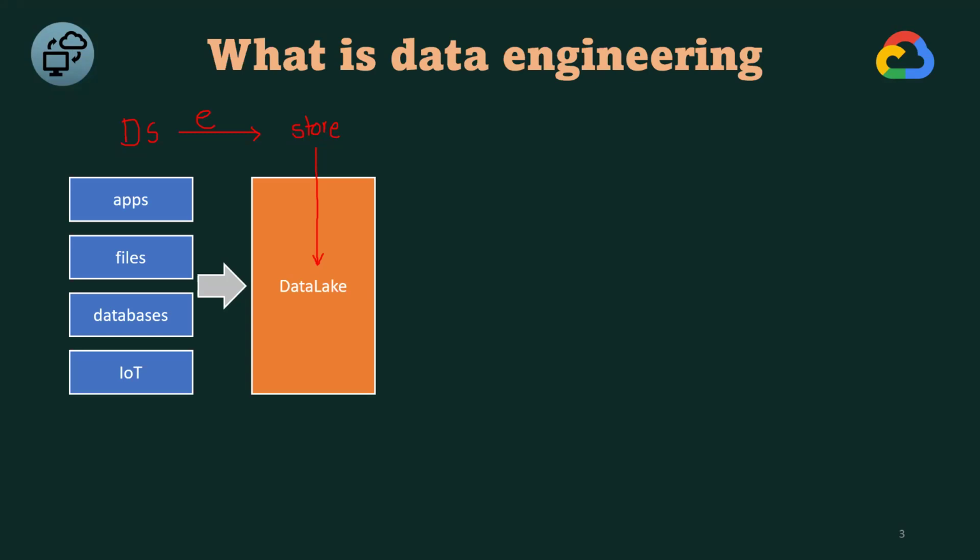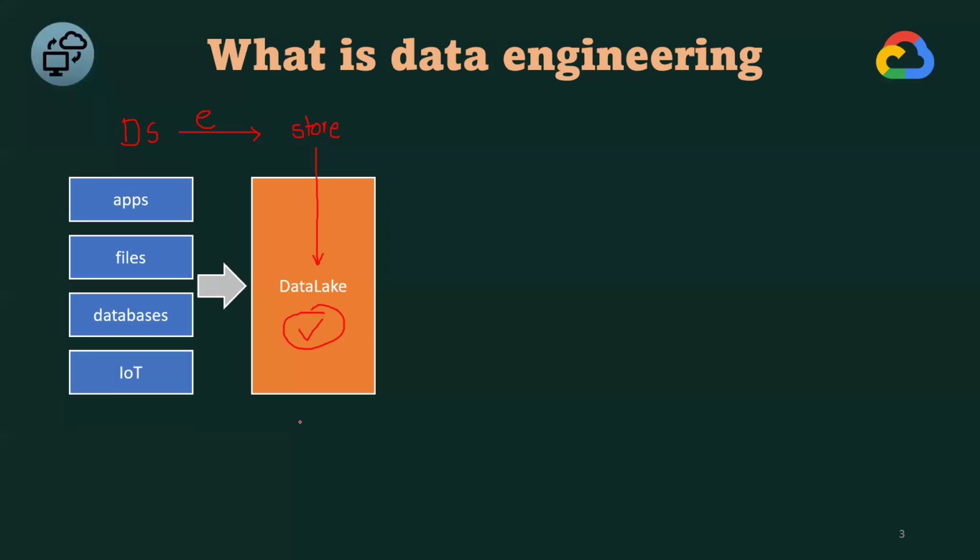Now tell me, guys, whatever data we got from these data sources, now it is here. Is the data properly cleaned data? Can we directly use it for analysis purposes? This data we are getting directly from the data sources.